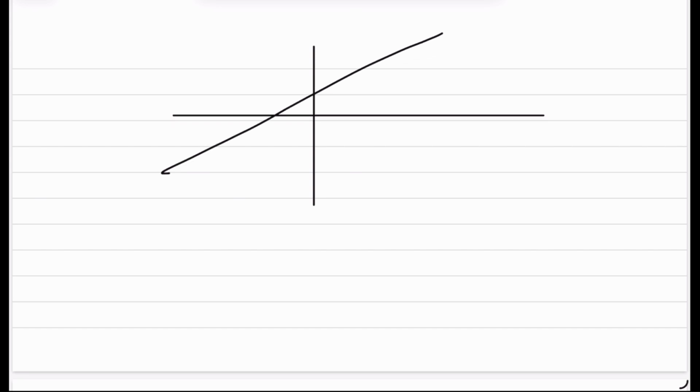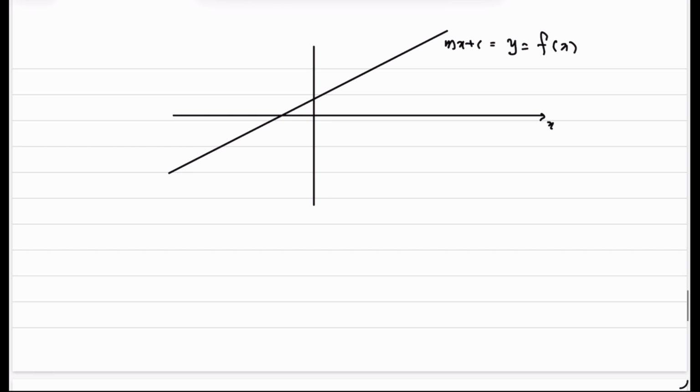This is a straight line, mx plus c, that is equal to y, that is equal to f(x). This is x. This is f(x), or we can even call it y. Then this m is constant. It cannot vary.